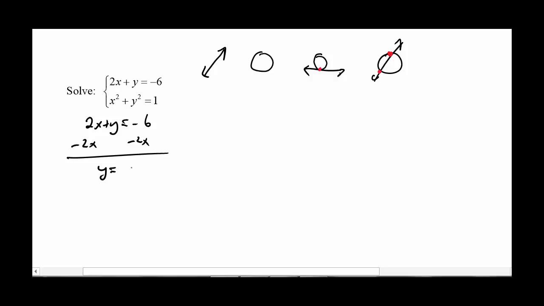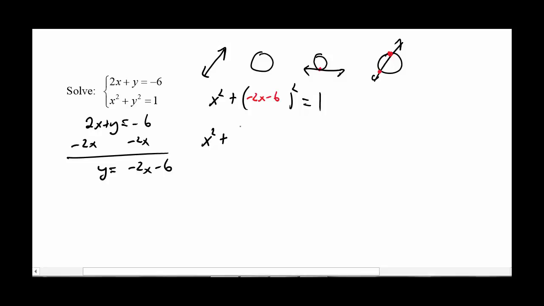So that's y equals negative 2x minus 6. And when I do that, then I'm going to substitute. So go into my equation here, x squared plus y squared equals 1. And that's where I'll get the negative 2x minus 6 that I will square.